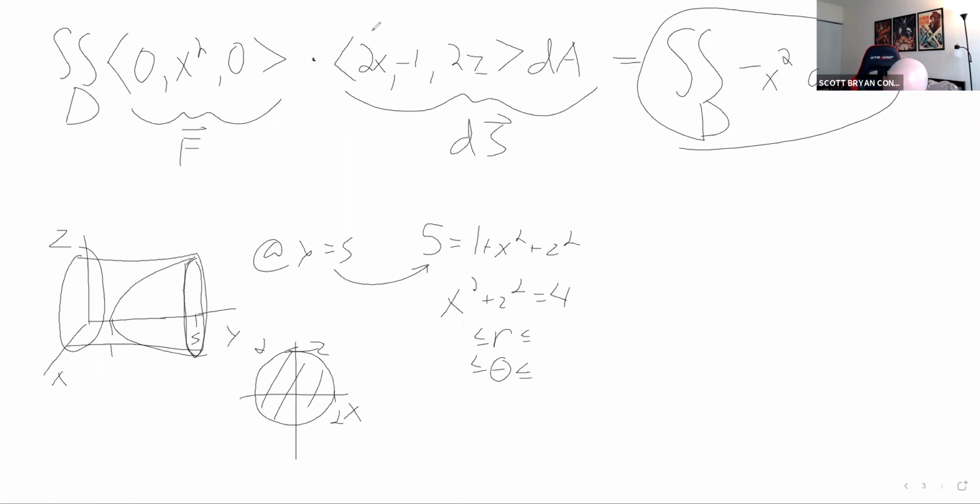Zero to 2, exactly. And theta, of course, goes from 0 to 2 pi because we're going all the way around. And now it's x and z. X is the horizontal guy, which is going to be r cos theta. The vertical guy is going to be r sine theta. So negative x squared becomes negative r squared cos squared theta. And then dA becomes r dr d theta.